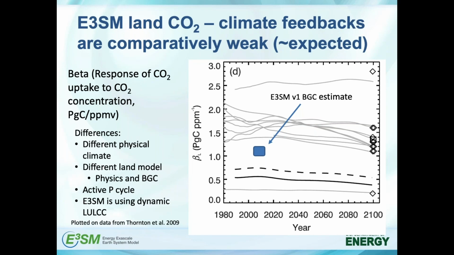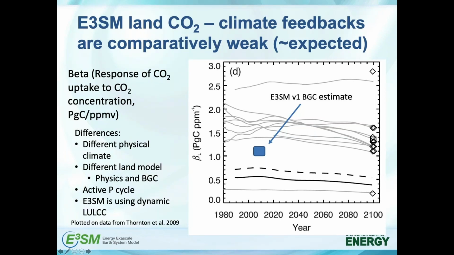So the first result I'm showing you here is what we call the beta feedback parameter, which is the response of the CO2 uptake by ecosystems to changes in the CO2 concentration. So this is the concentration carbon feedback. I'm showing a figure here from a paper by Peter Thornton in 2009, which showed the values of the beta parameter for a set of other models.